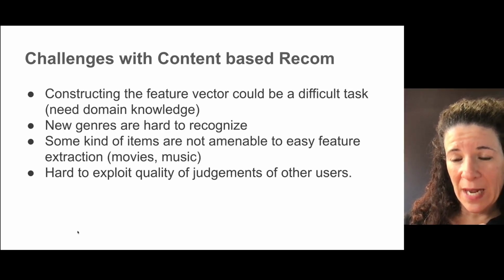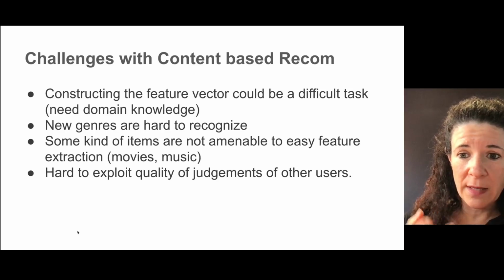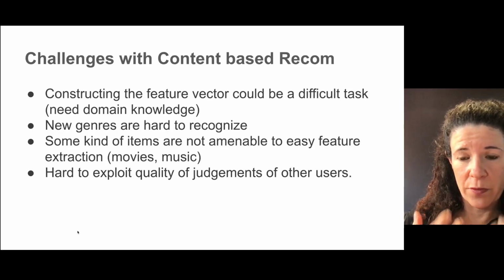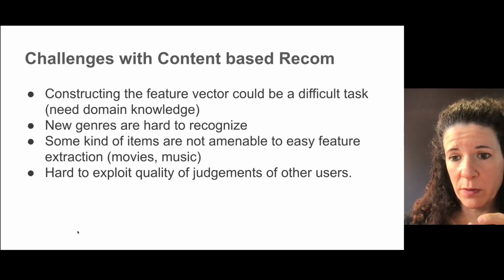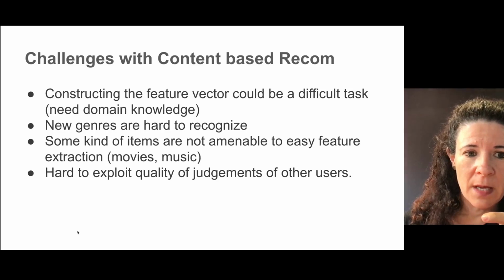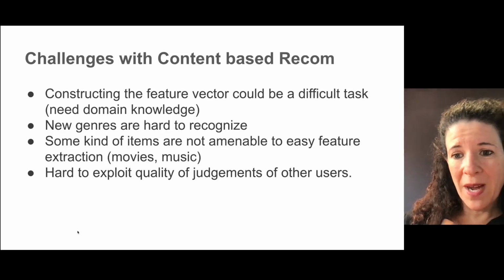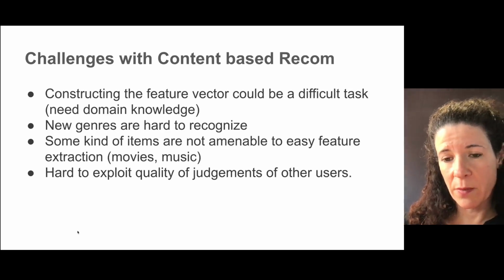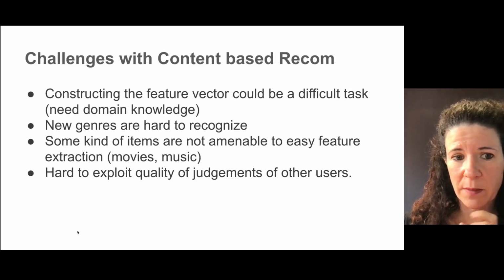You need people tagging and doing the content analysis of your items. Some of this could be done automatically, but some may be done by people, and some items are less amenable to feature extraction, like movies, for example.